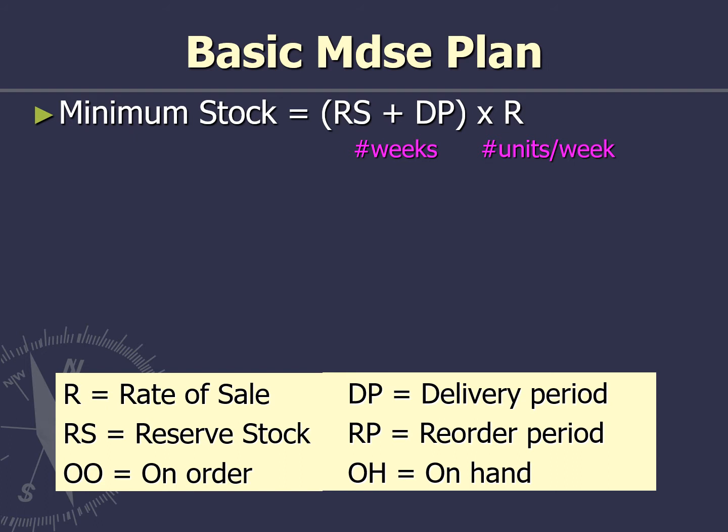So RS, reserve stock, in number of weeks, plus DP, the delivery period, combine the number of weeks together for RS and DP, and then multiply that by the rate of sale, how many units you sell per week, and that gives us the minimum stock level that we need for that item. This is going to be in number of units.